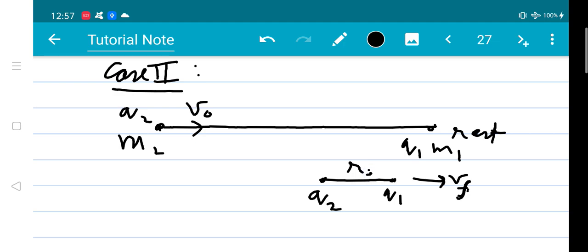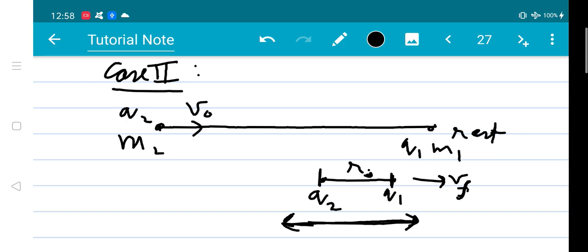Why is this the distance of closest approach? Because beyond this, the repulsion between Q2 and Q1 will increase and R0 will also start increasing. Both the particles will move in the same direction, but their velocity will change because of repulsion, and R0 will increase. So in this particular case, the point at which both particles have the same velocity, that distance we will call the distance of closest approach.